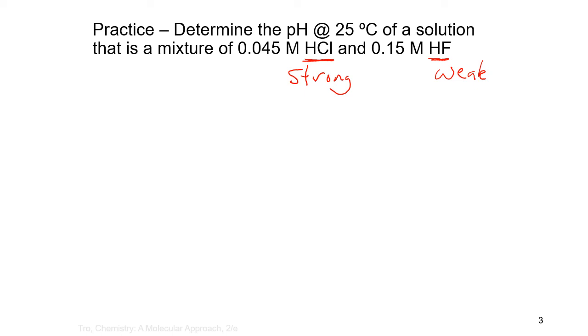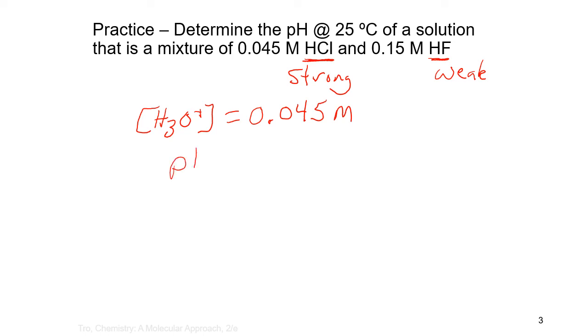And so to find our H3O plus concentration, we don't even need an ice table. All we need to do is use the concentration of our strong acid, because it's going to nearly 100% dissociate into the ions.